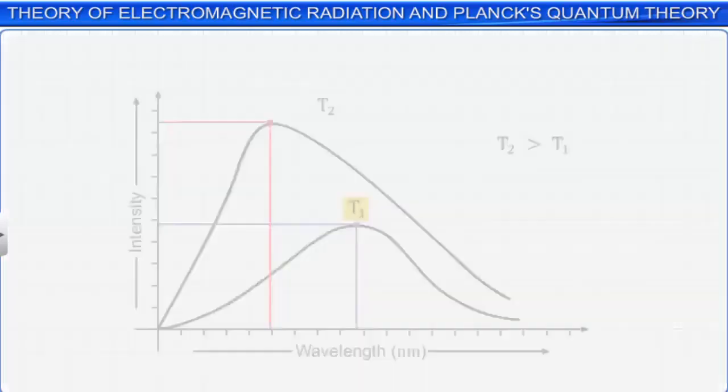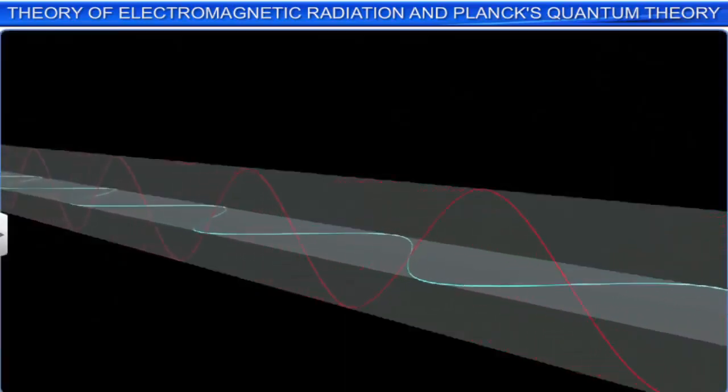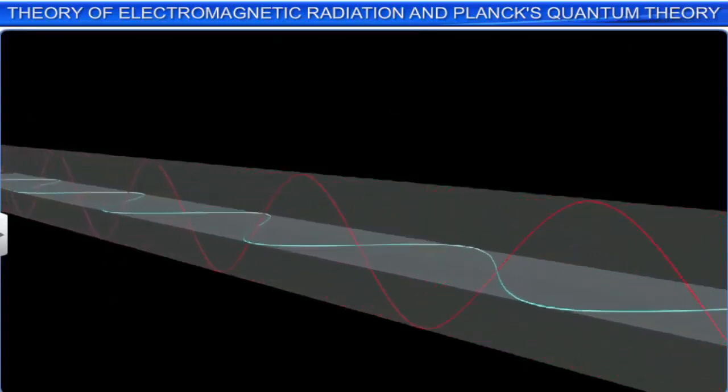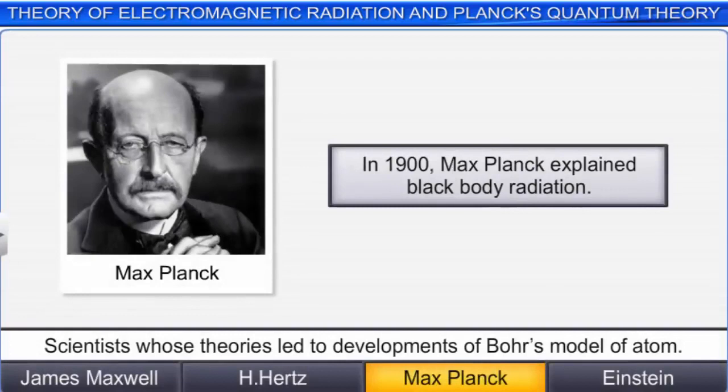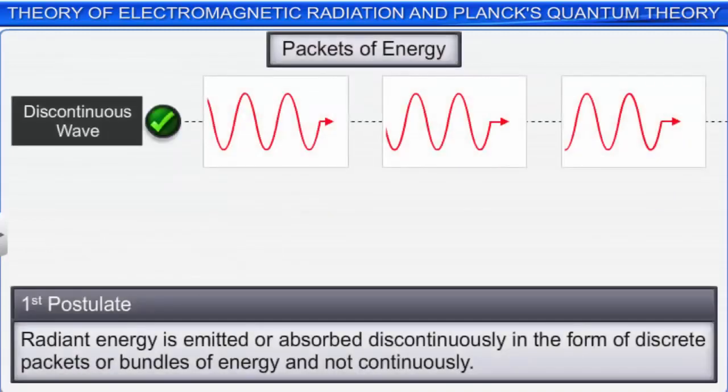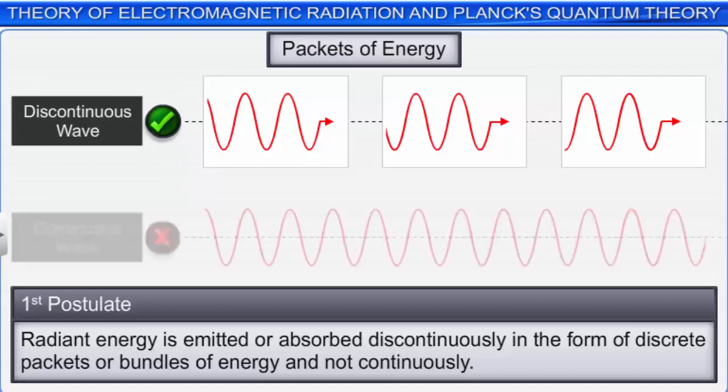These observations could not be explained by the electromagnetic wave theory of light. To account for these experimental observations, Max Planck in 1900 proposed that radiant energy is emitted or absorbed discontinuously in the form of discrete packets or bundles of energy and not continuously.